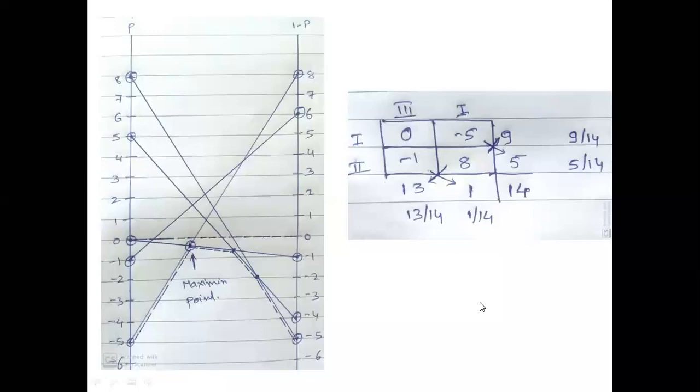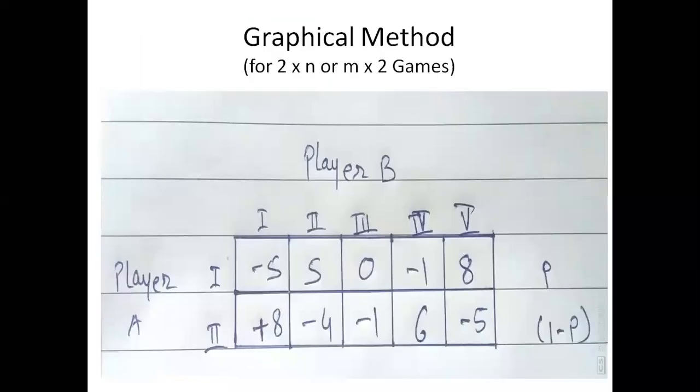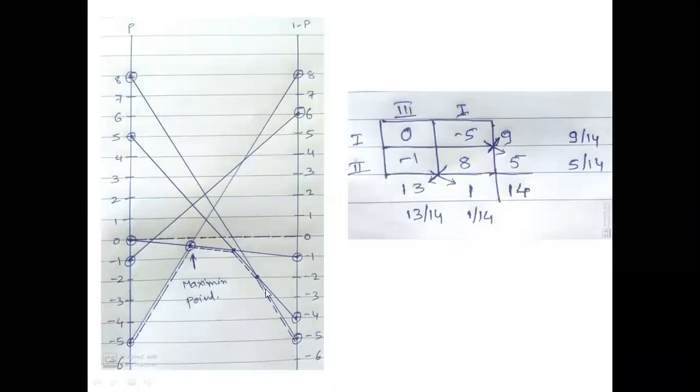Now we have exactly two strategies for A, but you have n number of strategies for B. So we have to solve it for B in order to reduce it to 2 cross 2. We have exactly 2 rows for A, but you have 5 columns for B. When it is for B, you have to select the lower portion.